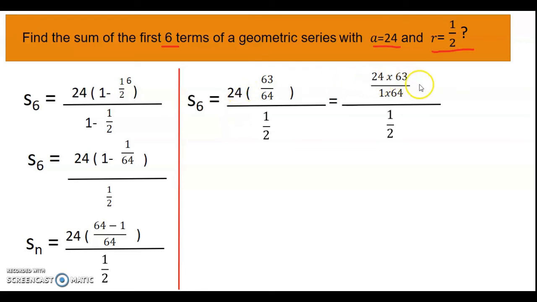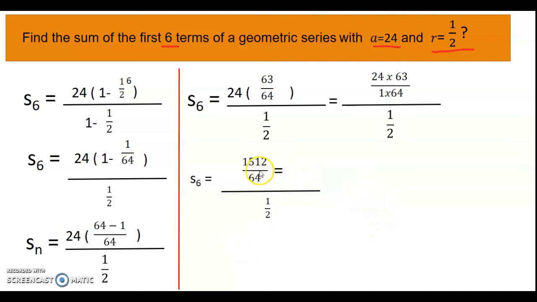So 24 times 63 and 1 times 64 over 1 over 2. If you multiply 24 times 63, it is 1,512, then our denominator here is 64 over 1 over 2.